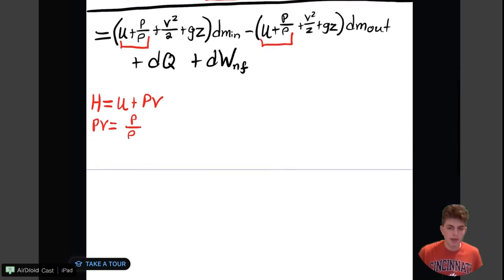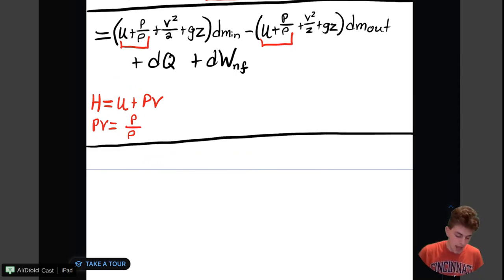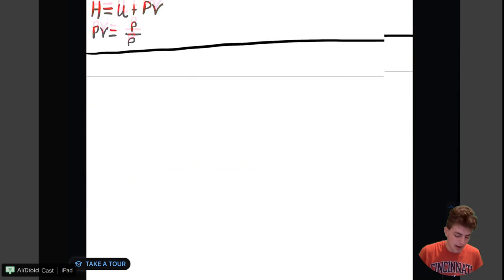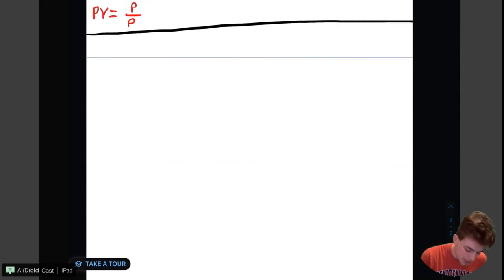So, doing this, I think we've simplified the equation as much as we need to here, and I'm just going to copy down the entire thing. I'm going to copy down both sides here.